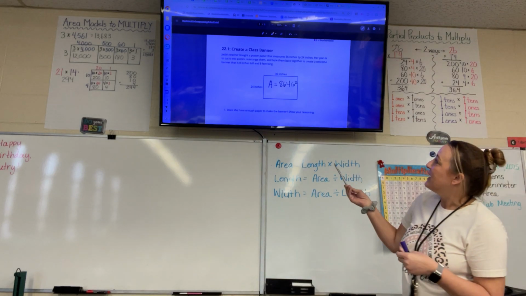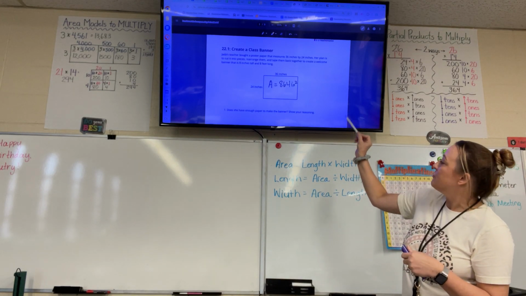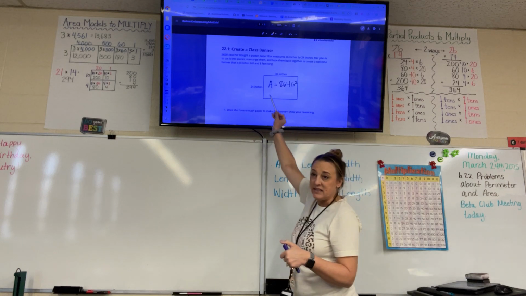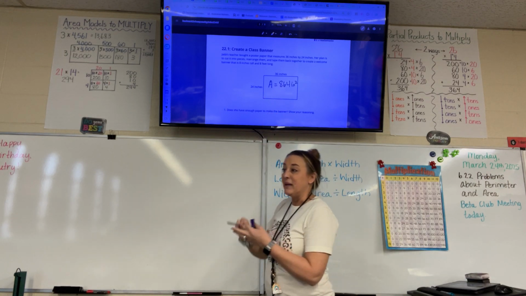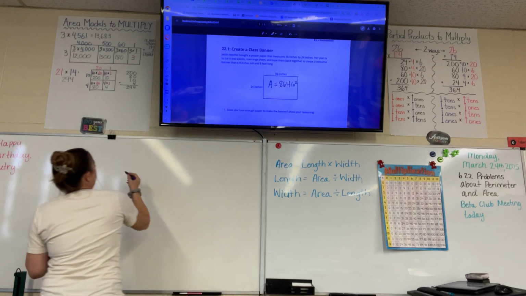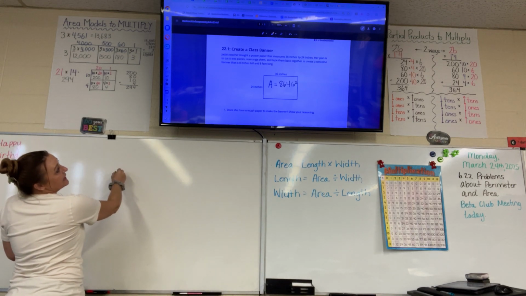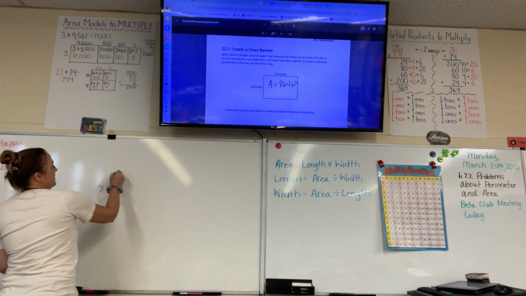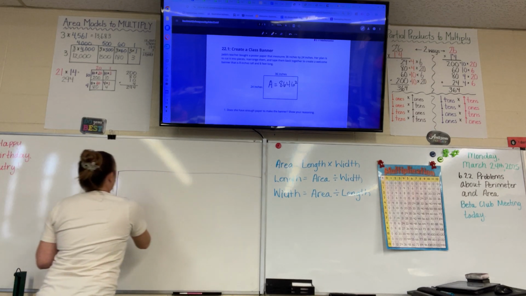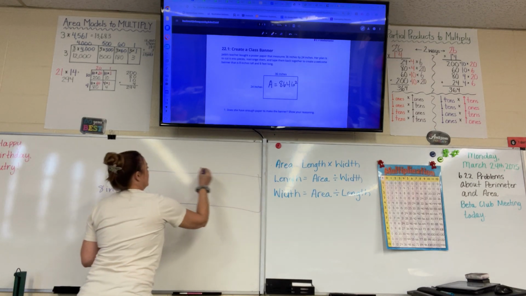We have to find the banner's area. So remember, she's wanting to cut this into pieces and make a banner that is 8 inches tall, so 8 inches by 8 feet long.